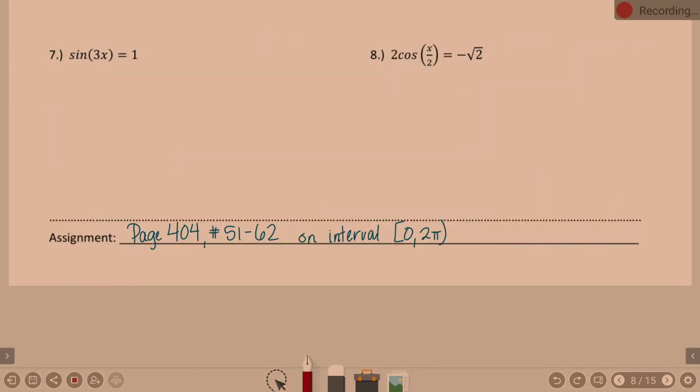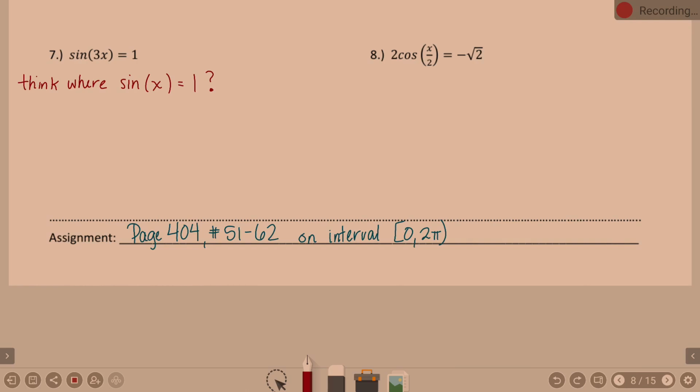So, with that in mind, if this says sine of 3x equals 1, let's forget about the 3x for a moment. I want you to just think, where does sine of x equal 1?